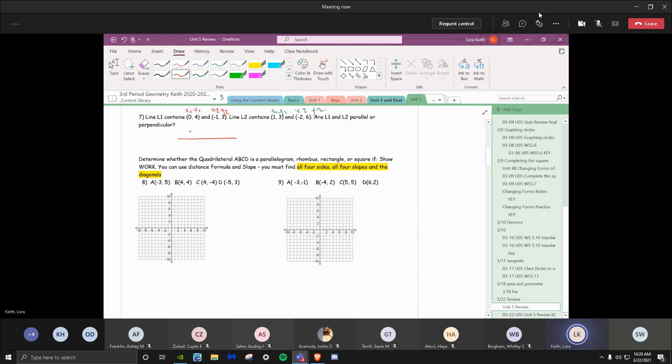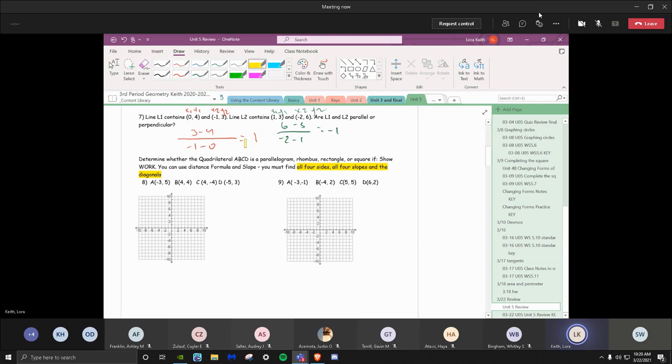Okay, so do y2 minus y1 over x2 minus x1. So we get positive 1. Okay, and then we do these next two. So we do y2 minus y1 over x2 minus x1. And we get negative 1.